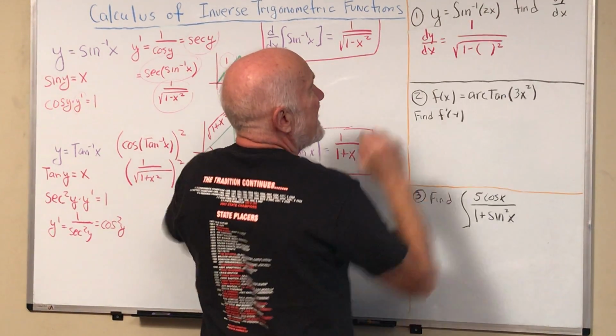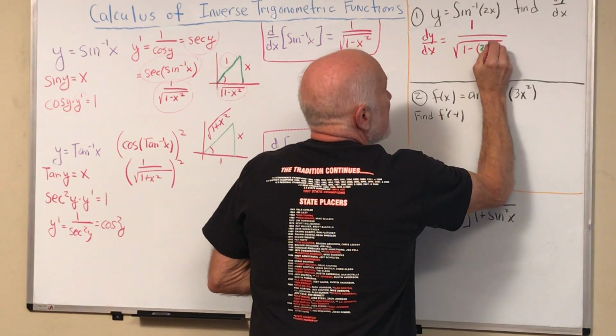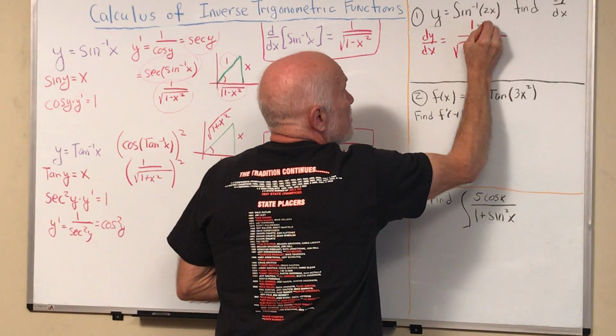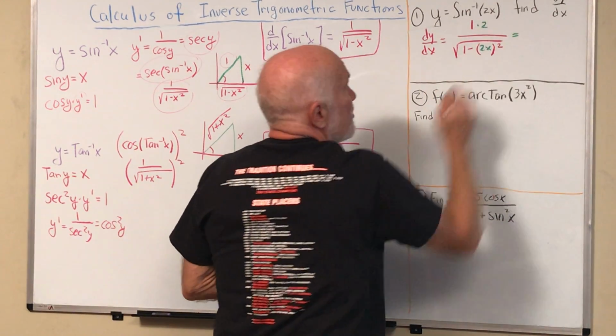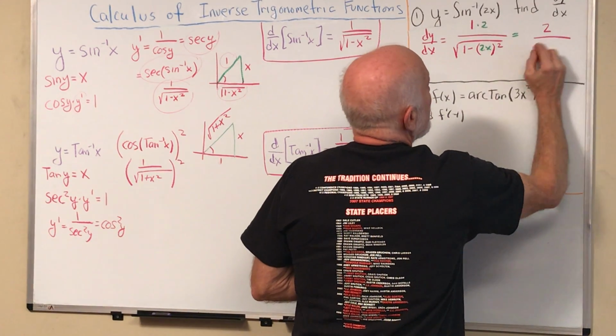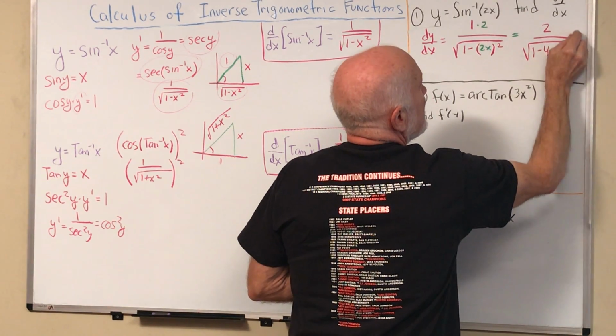But since that's not x, we do two things. We put in the function, and then we multiply by the derivative of that function. That's what the chain rule has been telling us all the way along. So the final answer would be 2 over the square root of 1 minus 4x squared.